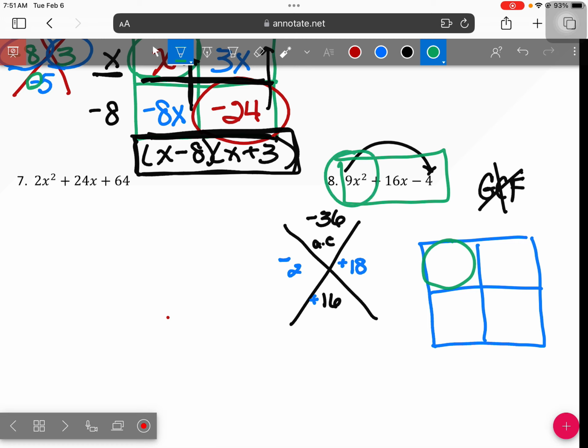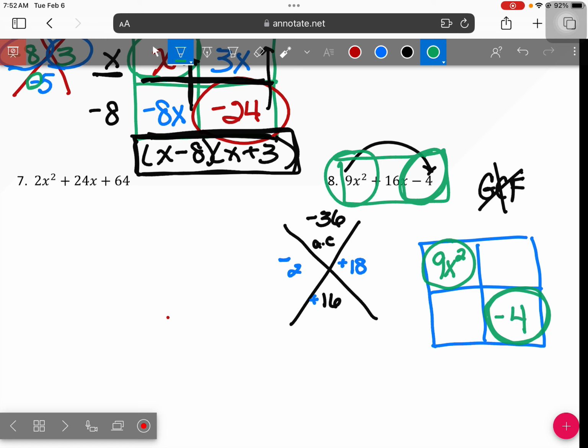No. 9x squared. The first term goes in the first corner. 9x squared. All right, Justice, coming back to you. What comes in this bottom last square? No. Too high. It is the last term, negative 4.